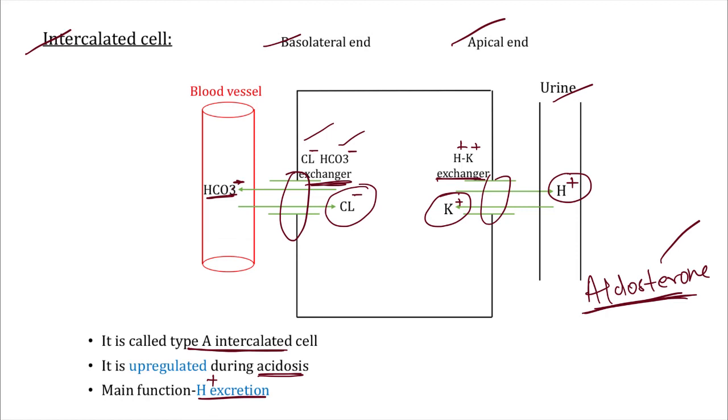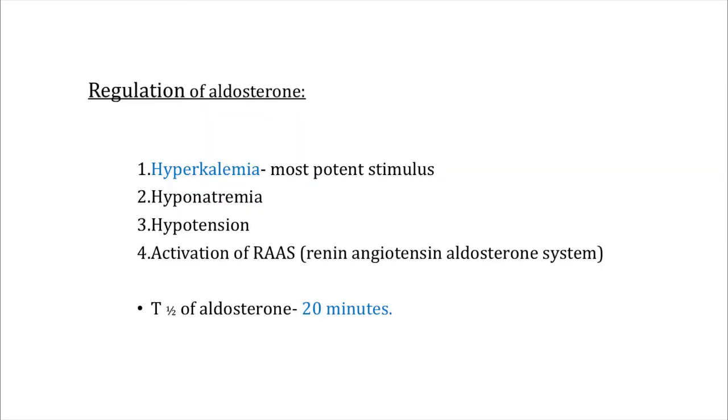Why, sir? Because here A stands for acidosis, and this type of upregulation takes place only in acidosis. So the main function of intercalated cells is H plus excretion. Very important to note. With this important note, now we will talk about the regulation of aldosterone.